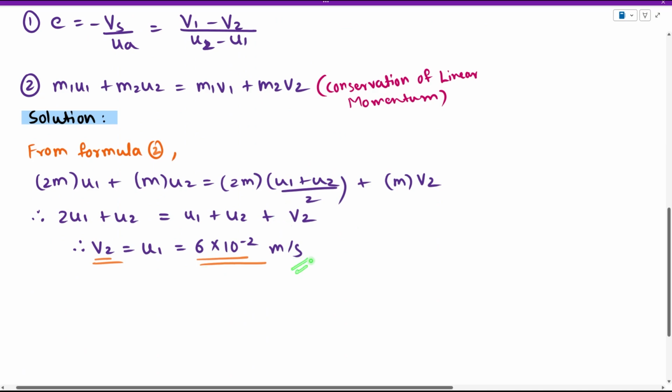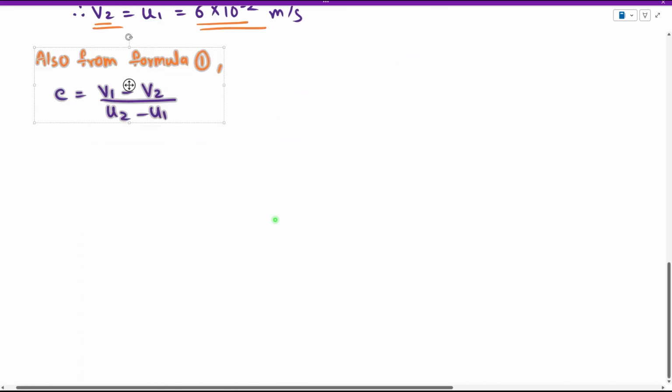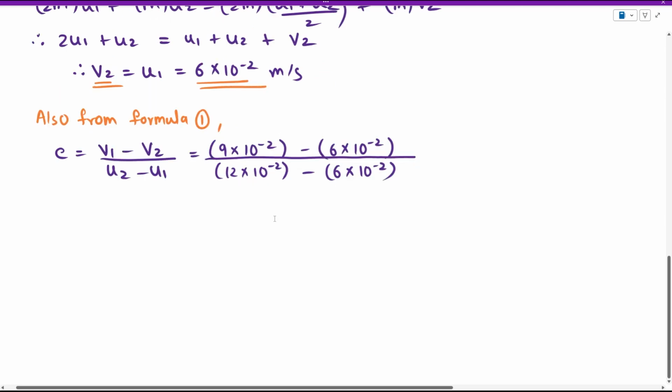Okay, so now that we have found the value of v2, there's no quantity that will stop us from calculating the coefficient of restitution using this formula. So from formula 1, we substitute the values of the given quantities. We substitute v1 as 9 into 10 raised to minus 2, and v2 as 6 into 10 raised to minus 2, which we have just calculated.